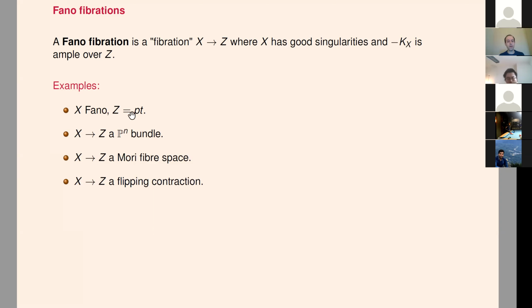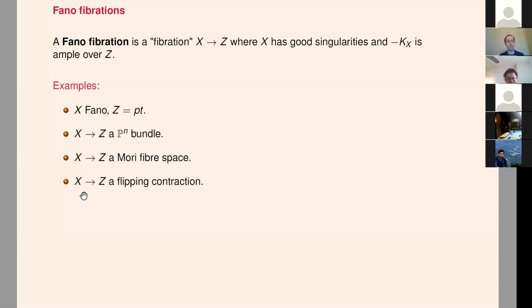In these examples the fibers are positive dimensional, but in the next example the general fibers are actually zero dimensional. Here we have a birational morphism. When you run the minimal model program, at some of the steps you get flips, and this happens when you have a flipping contraction.